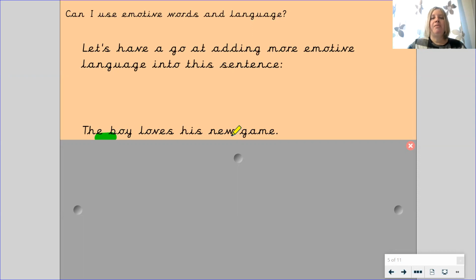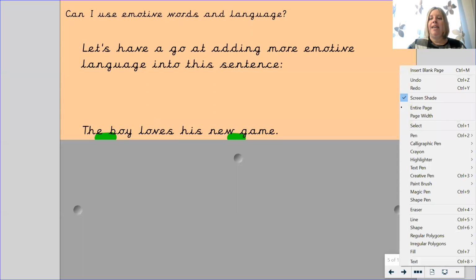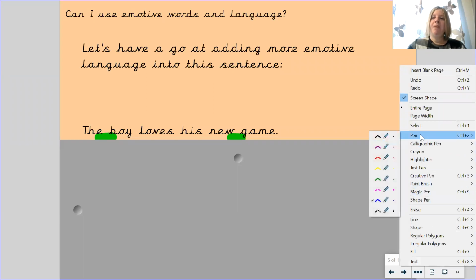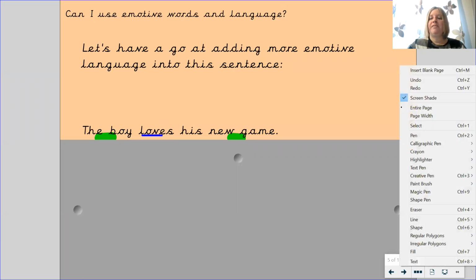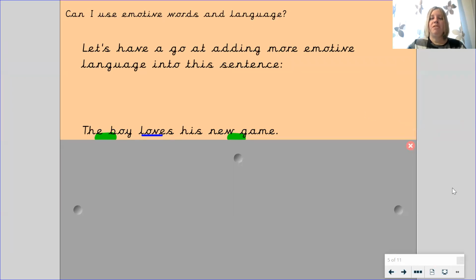We can also describe his game by adding an adjective in here. We could see if we can find a better verb to use by looking at the word loves, which is the verb in our sentence. What I'd like you to do now is pause your video and have a go at improving this sentence by adding more emotive language. Then we'll come back and we'll look at mine.